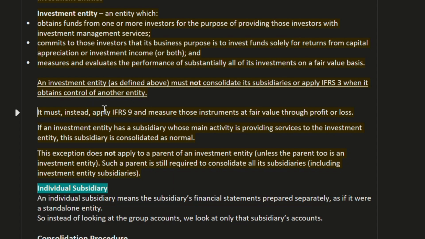It must instead apply IFRS 9 Financial Instruments and measure those investments at fair value through profit or loss. If an investment entity has a subsidiary whose main activity is providing services to the investment entity, that subsidiary is consolidated as normal.